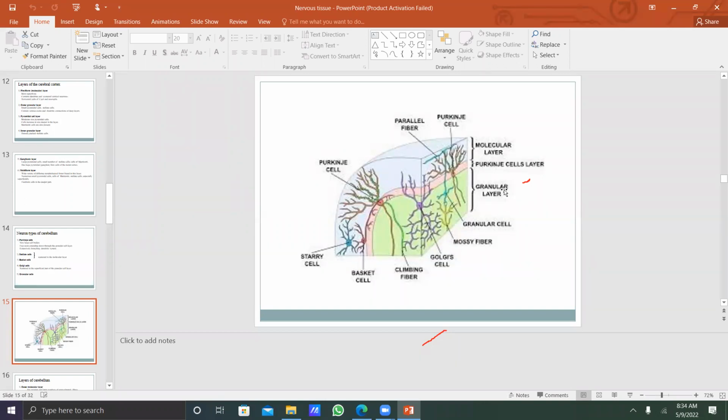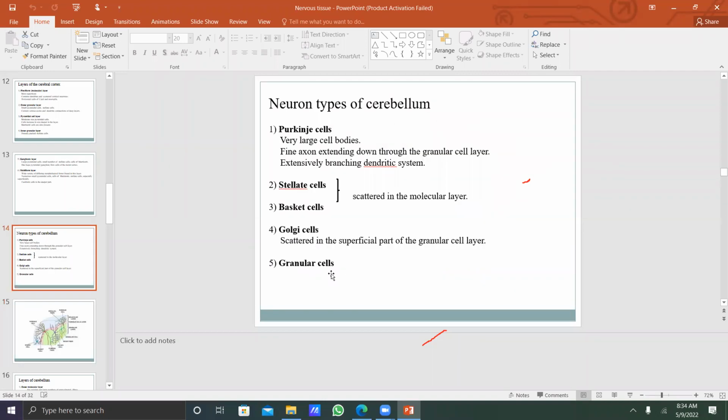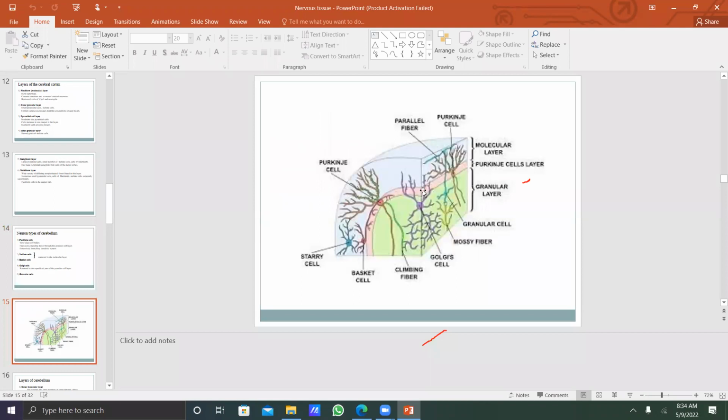Those are the Purkinje cells, the granular cells, stellate cells, basket cells, and Golgi cells. So the Purkinje cells are the largest cell type we can see in the cerebellum. They have very large cell bodies and an extensively branching dendrite system.